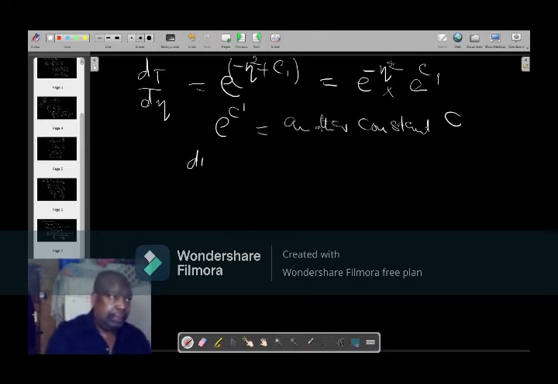So dt by d eta is equal to c times e raised to the power of minus eta squared.